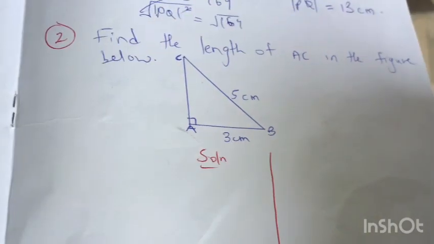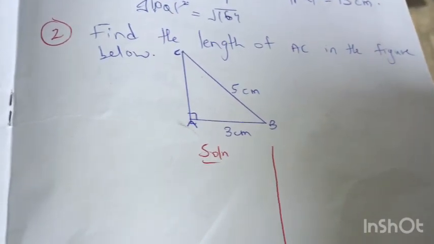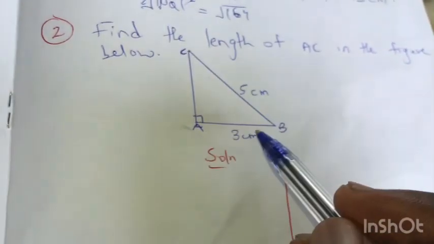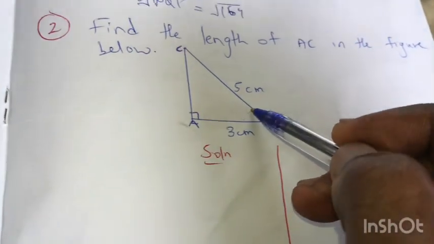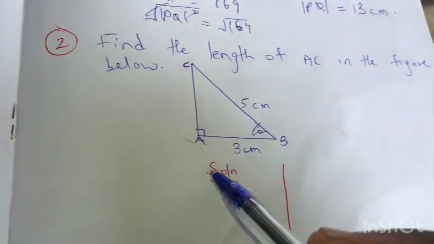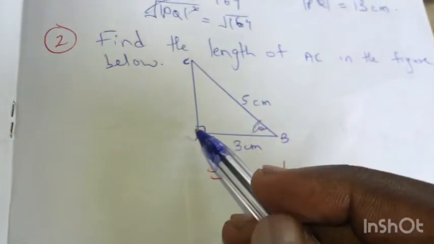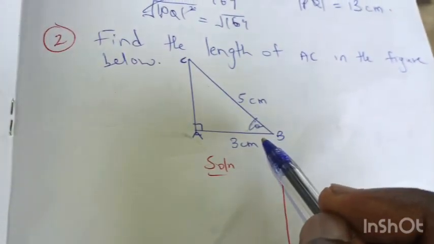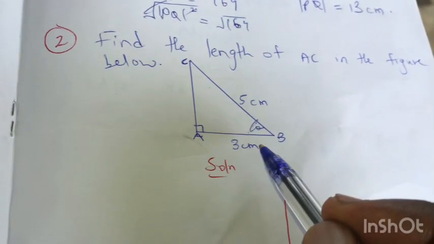Let's look at another question. Find the length of AC in the figure below. For this one, we are finding this side. If this is our angle, it means that here is the opposite, here is the hypotenuse, and here is the adjacent.